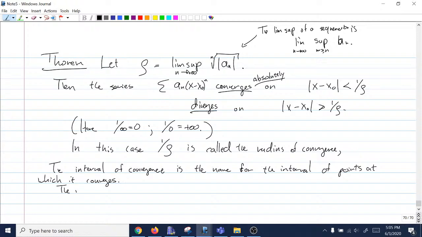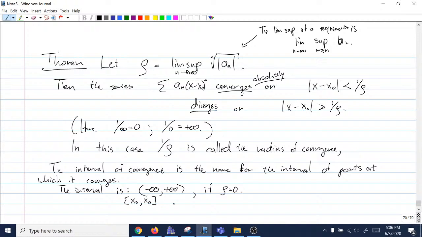The interval is negative infinity to infinity, if the radius is infinite, which is when rho is 0.